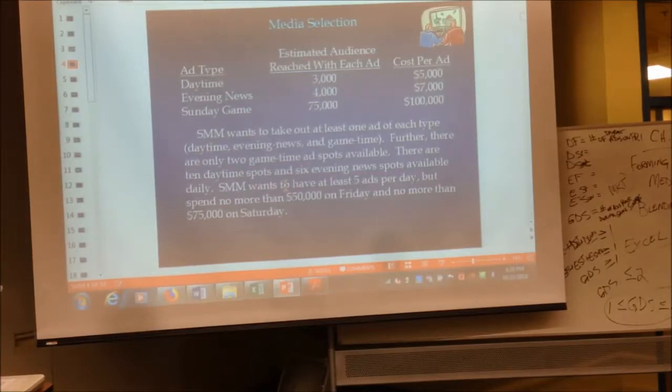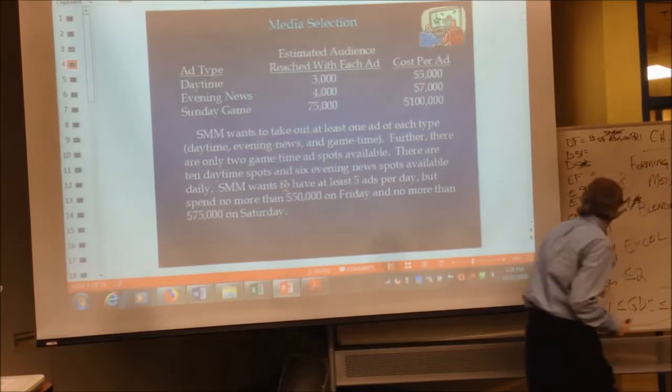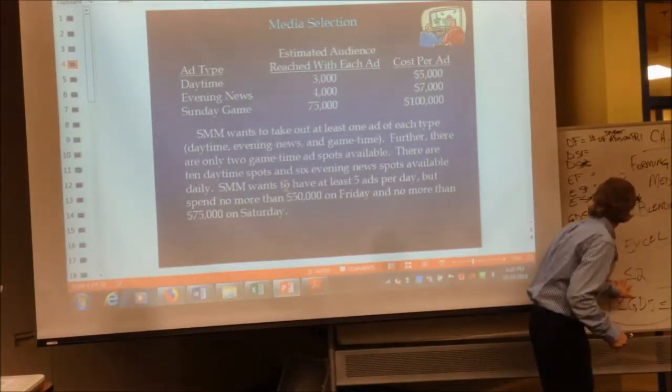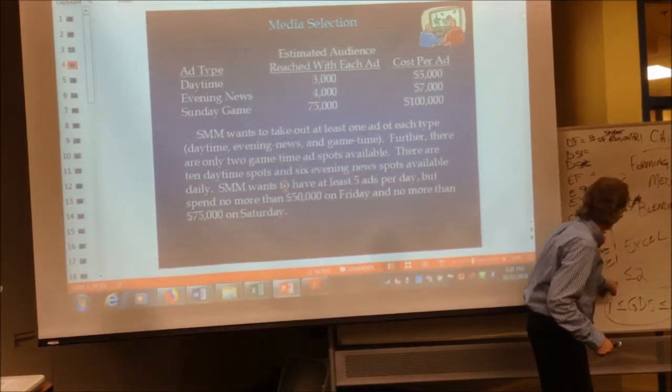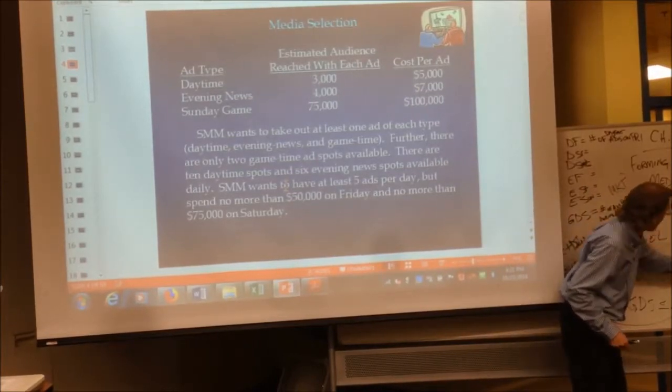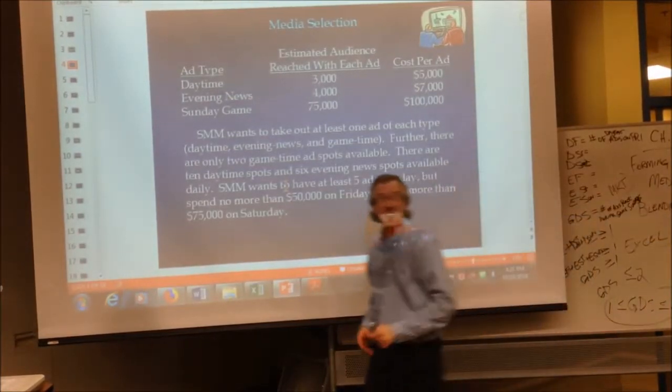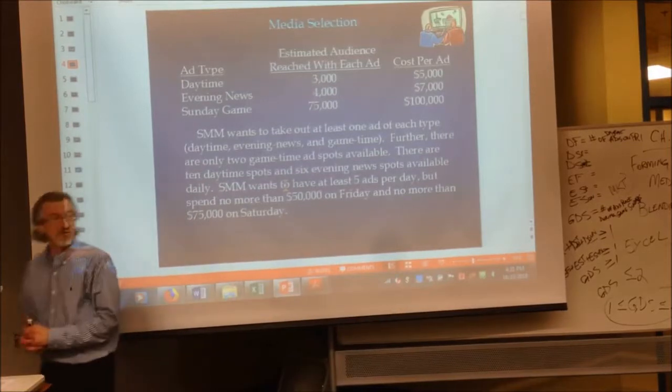These represent evening: EF, ES, E Sunday. How many constraints is that already? 1, 2, 3, 4, 5, 6, 7, 8, 9, 10. We're at 10 constraints. You've never seen one with 10 constraints yet. I don't think we're done.